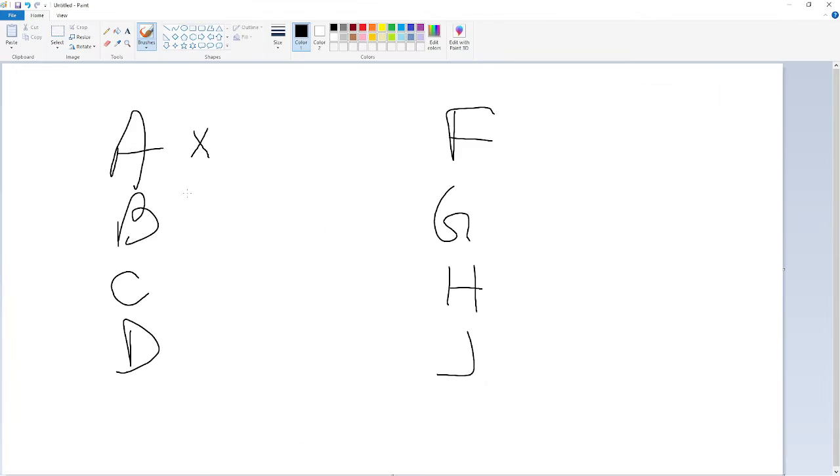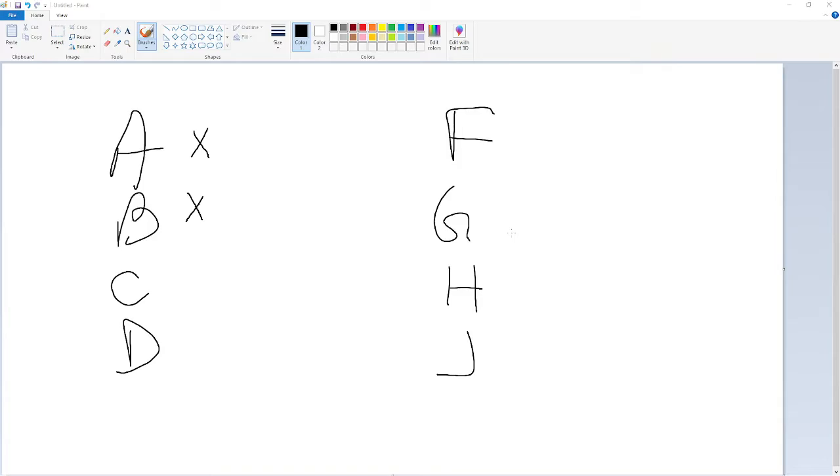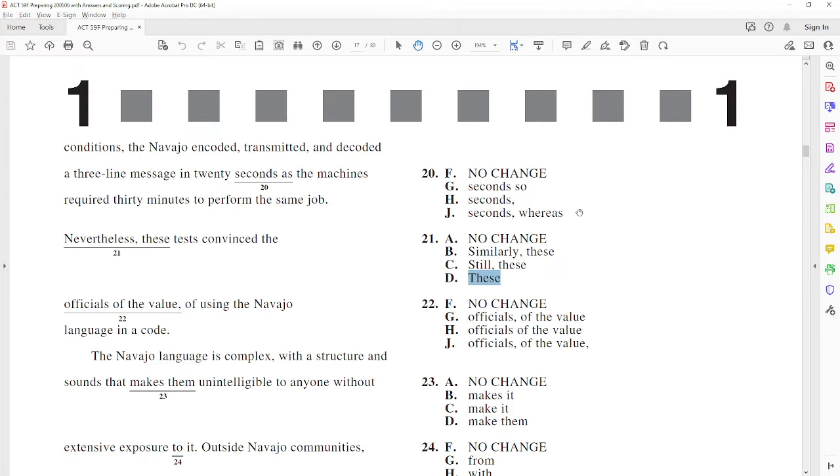B says similarly. Well, the tests convincing officials of the value isn't similar to Navajo being faster than machines. Convincing someone is not similar to the results of a test. So it's a false comparison, and we wouldn't compare it.